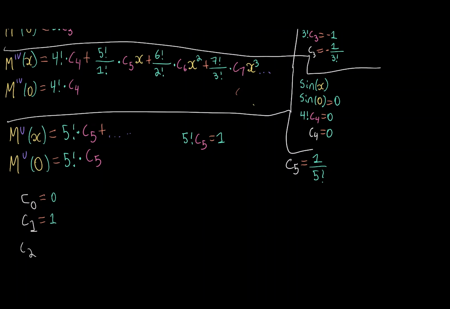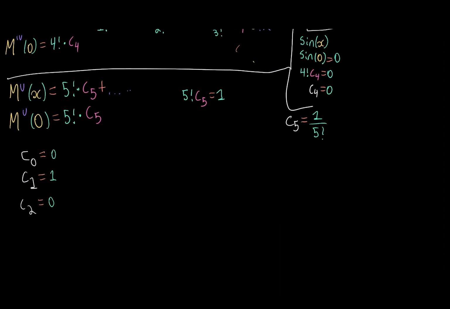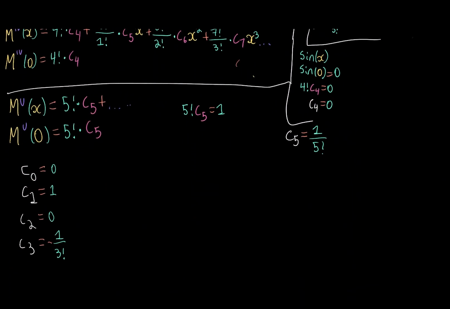C2 was equal to 0. C3 was equal to 1 over 3 factorial. So it was negative as well. So it would be negative 1 over 3 factorial, right? Yes.